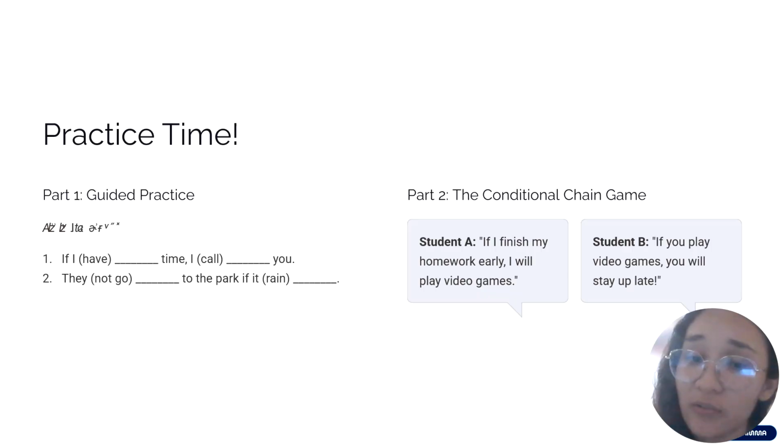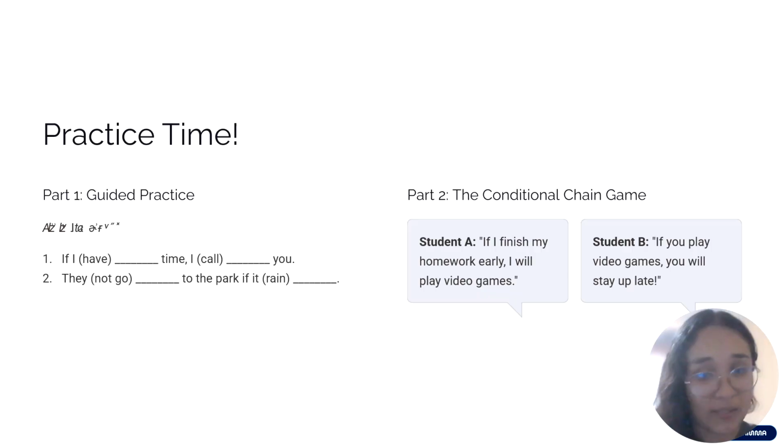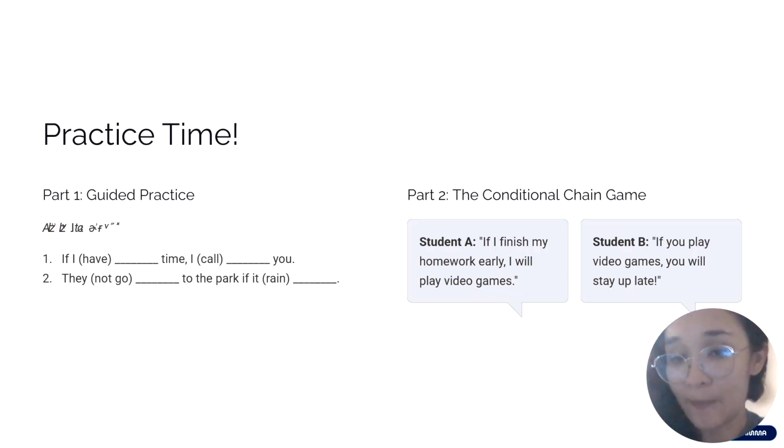One student gives a condition, and the other builds the result. For instance, student A: if I pass the exam, I will celebrate. And student B: if you celebrate, you will invite your friends. So you have to choose a partner if you want to participate in this activity.